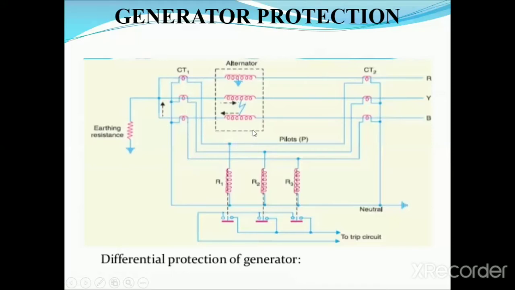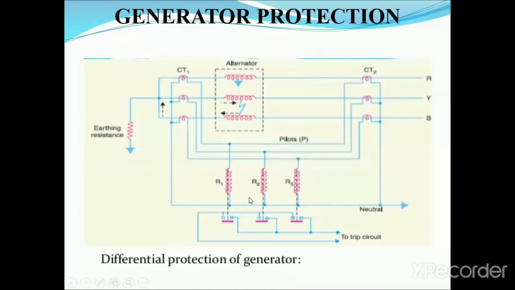Therefore, a difference is obtained between CT1 and CT2, and that differential current flows through the relay coil, so the relay coil will operate.